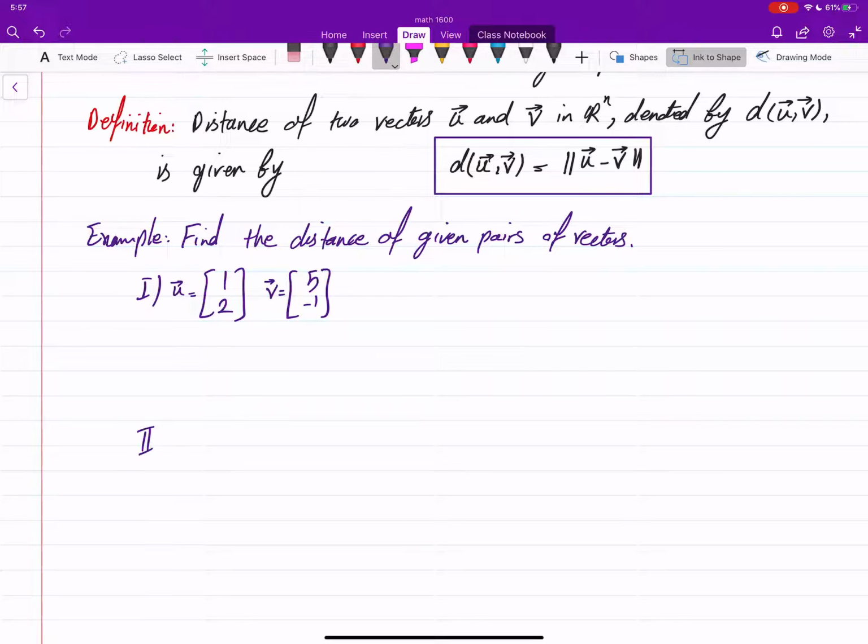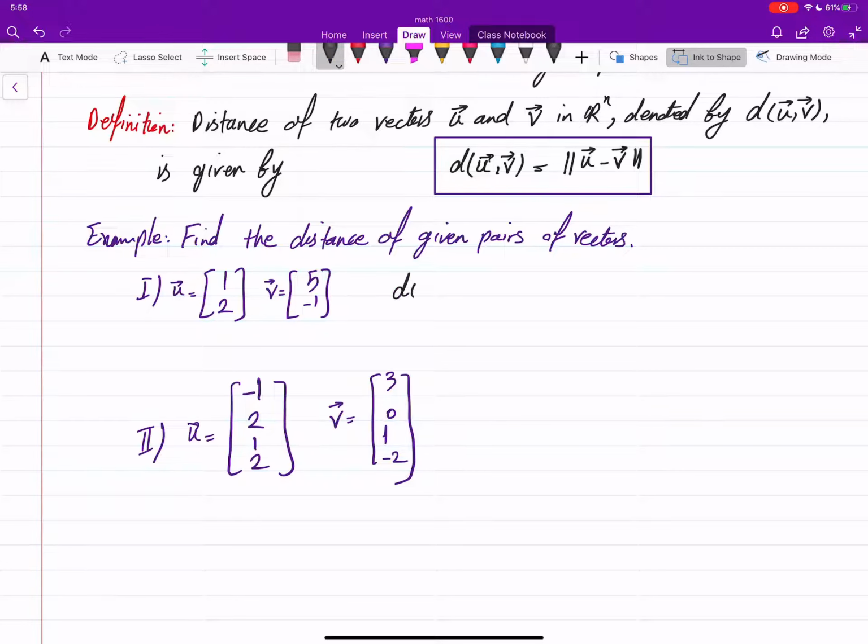And then the second one is two vectors from R4. What are the vectors? u is (-1, 2, 1, 2), and v is (3, 0, 1, -2). Very nice. So let's just compute this.